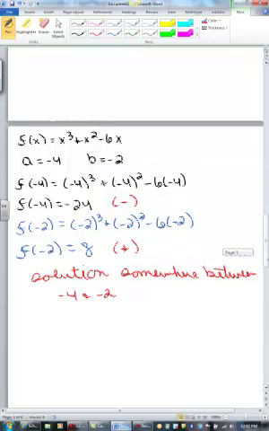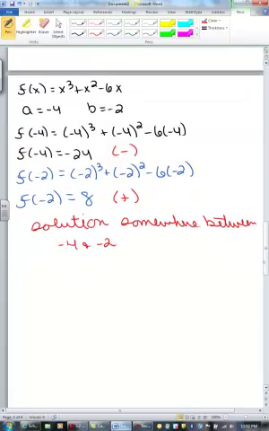And how we would prove that is we would go and graph that to be sure.